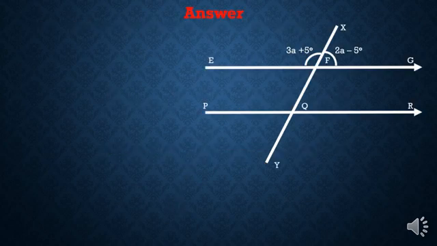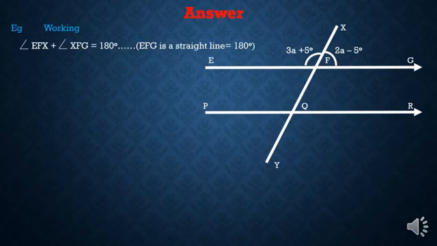Here's the answer. Angle EFX plus angle XFG is equal to 180 because these two angles are linear pairs.